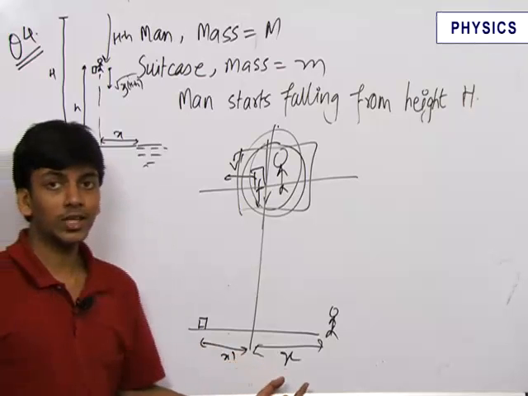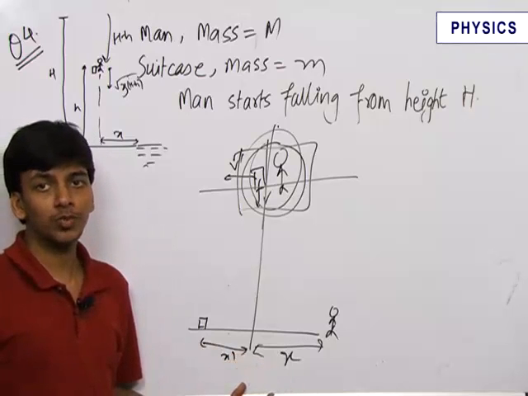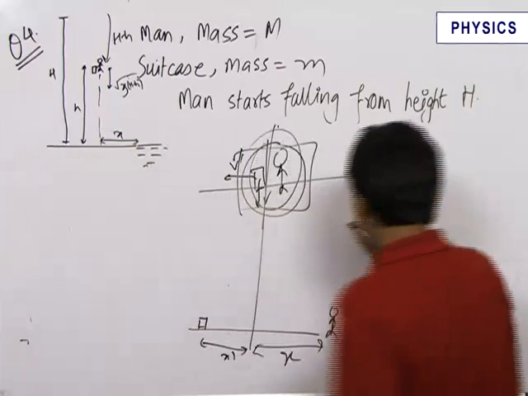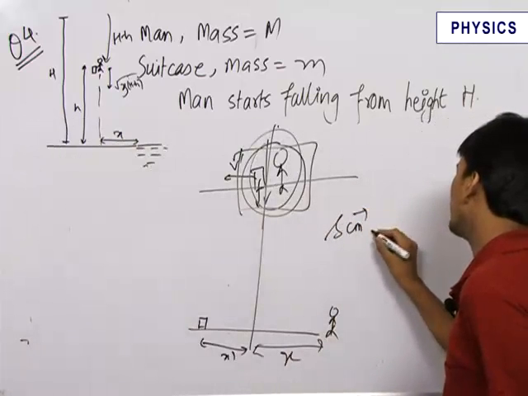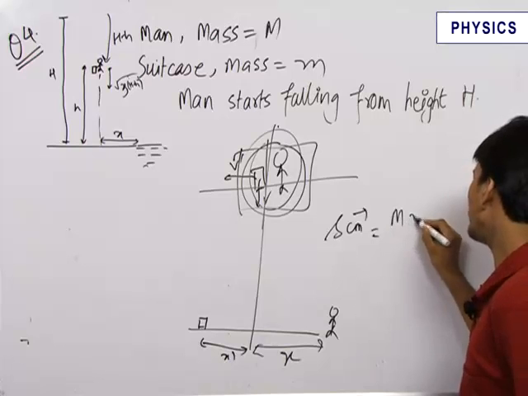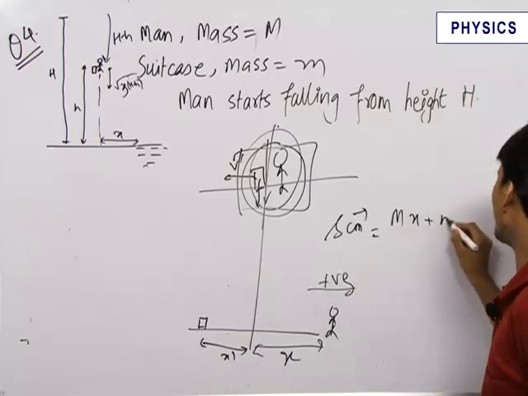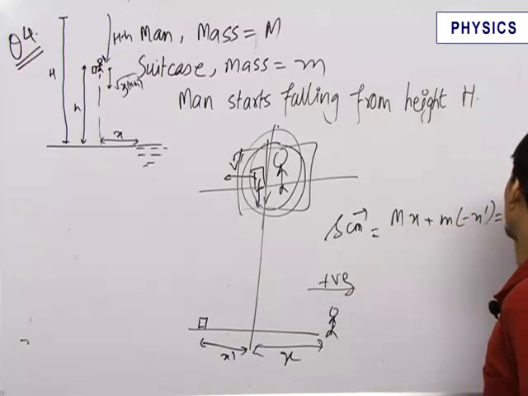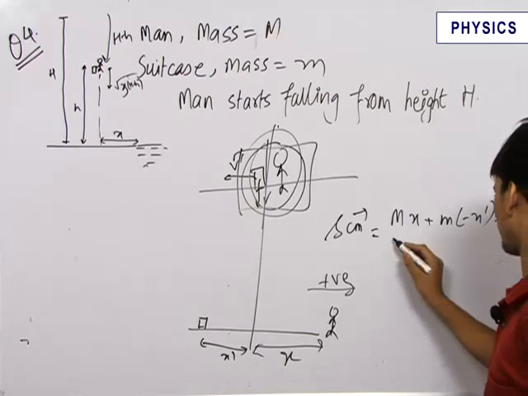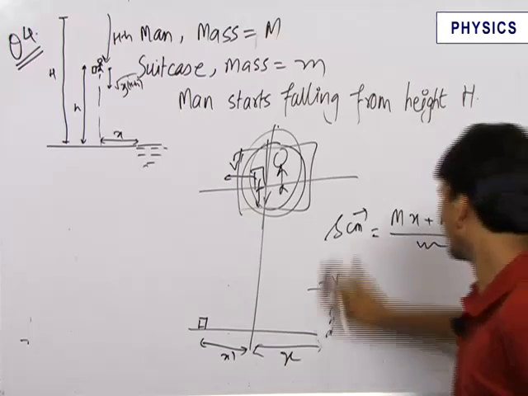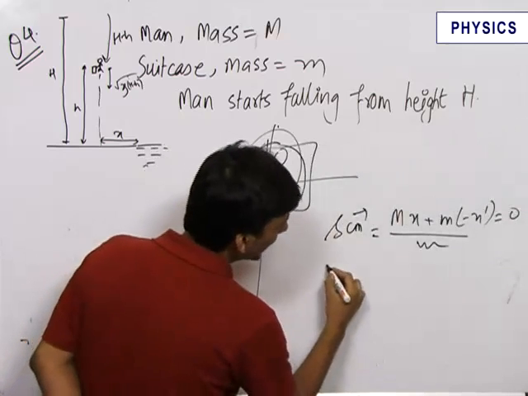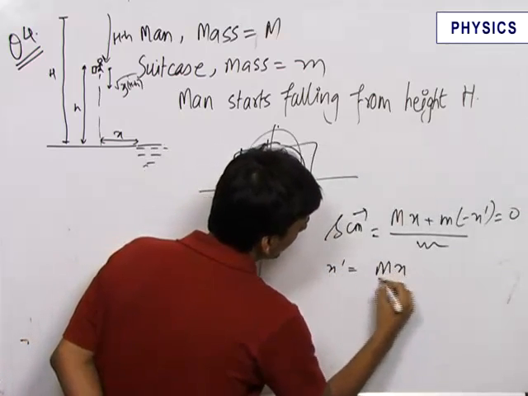But we know that the total displacement of the center of mass should be 0. So we write the displacement of center of mass equation: M into x, let this direction be positive, plus m into minus x' is equal to 0 upon something. We do not care about that. So we get x' is equal to Mx upon m.